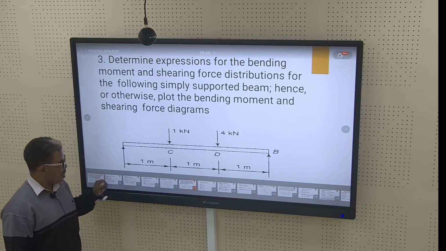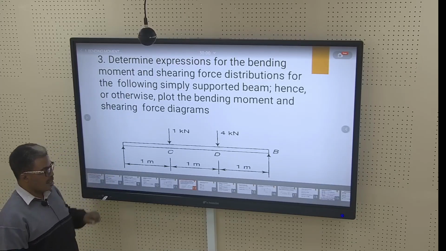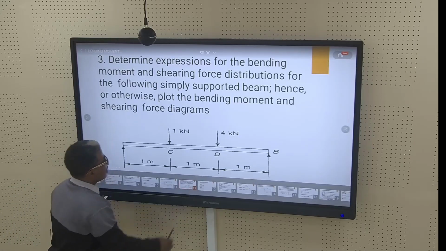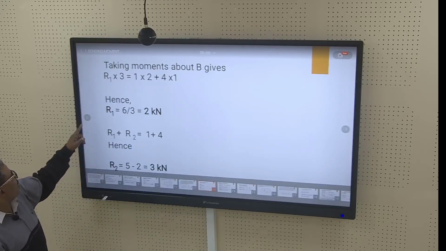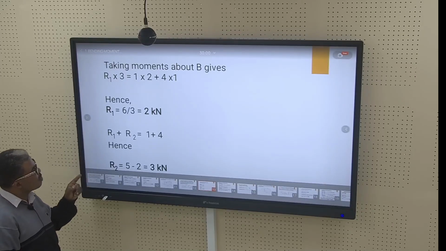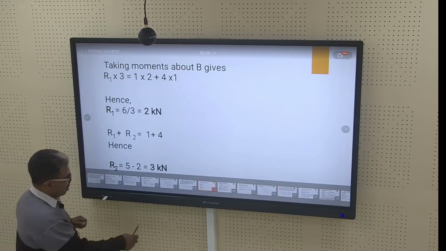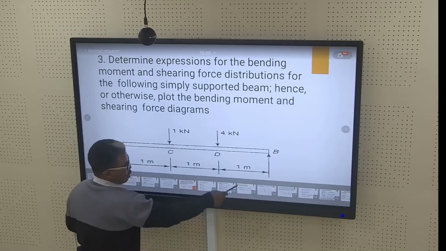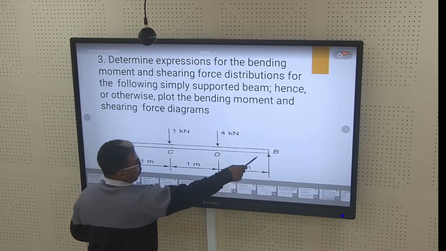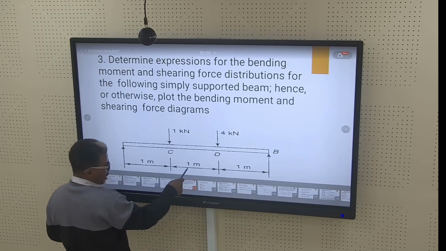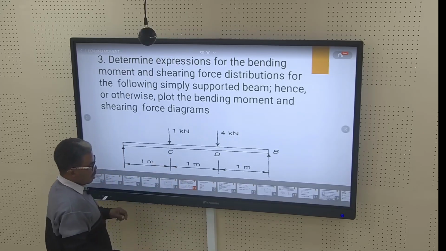It is 3 meters times R1, RA. If it is A, or you regard R1, so you get such kind of expression. So R1 times 3 should be equal to 1 times 2 plus 4 times 1. Where do we get this? It is here. So it is 4 times 1, or it is plus 2 is the distance, times 1, the load.